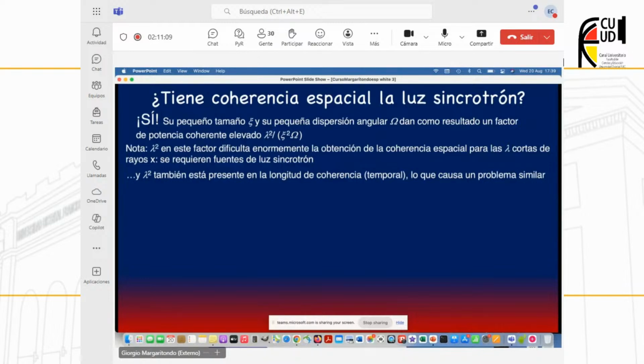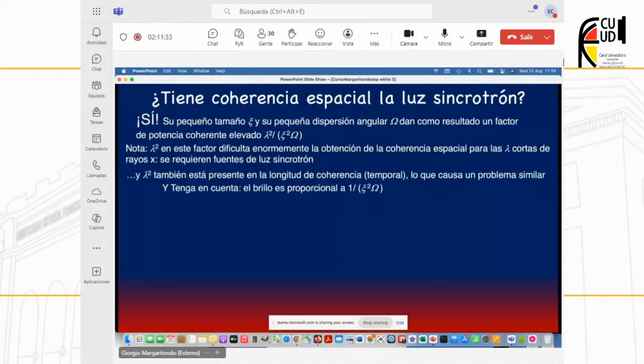For example, yesterday we discovered that for undulators, there is an emission that has a limited and narrow bandwidth. And if you're looking at the definition of coherence length, you realize that this helps time coherence. So bottom line is that we are getting both time and especially space coherence.